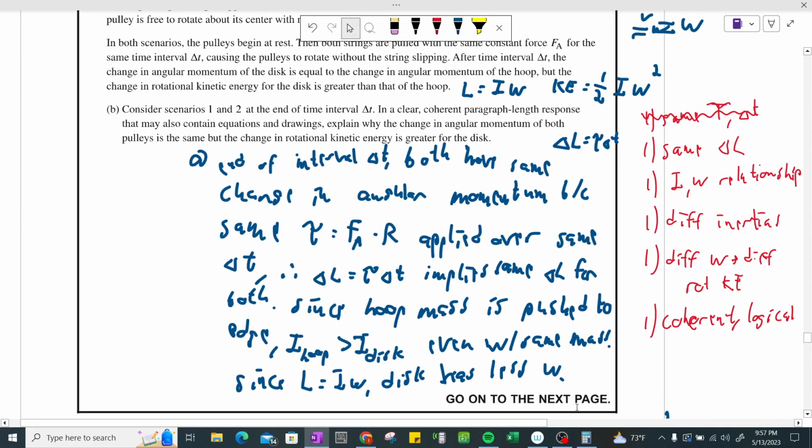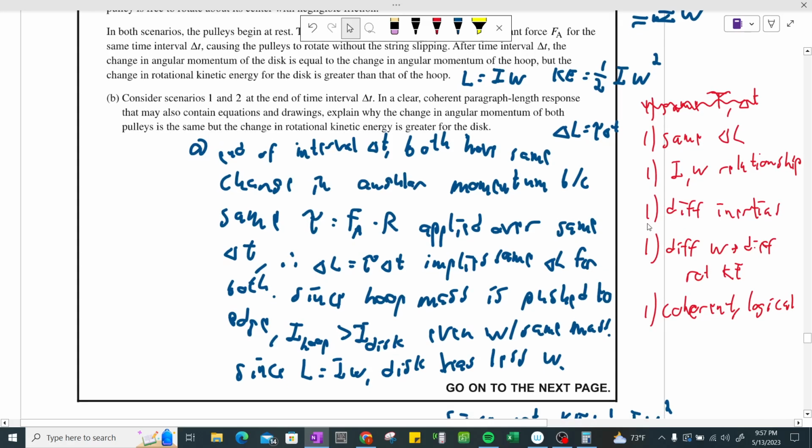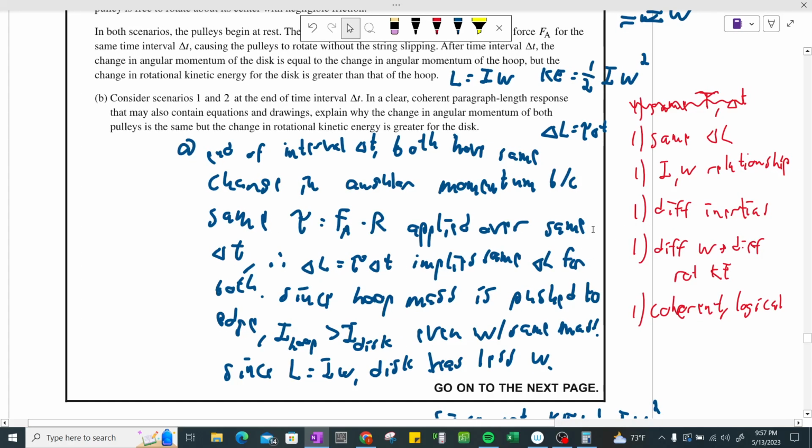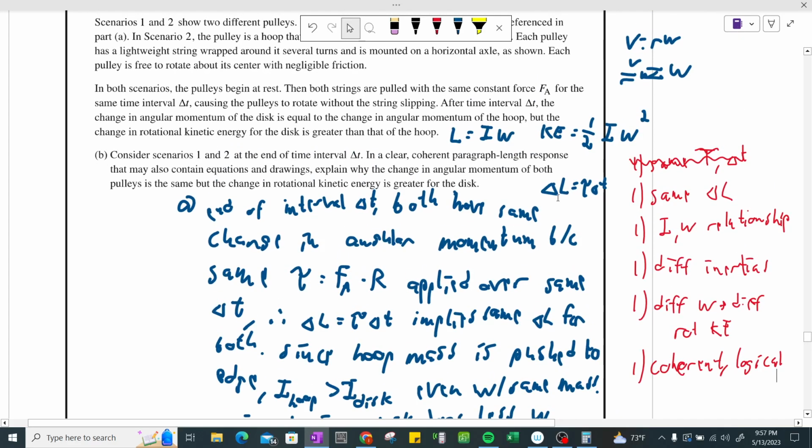So this one, it's always hard to guess exactly how it's going to be, but it's kind of thinking, okay, sentence by sentence, we need to ensure that they have the same change in angular momentum. We know that because it was the same time interval and the same torque. If they had the same change in angular momentum and they both started at 0 because they were at rest, that means that they're going to end up having the same actual angular momentum at the end because they started with nothing, both ended with the same thing.